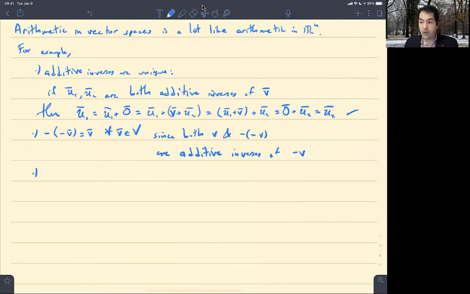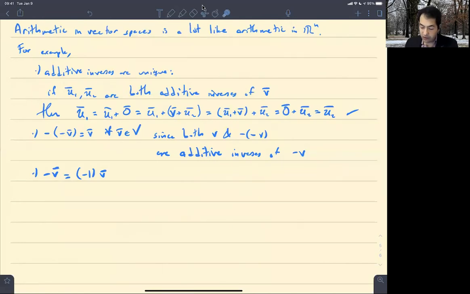Right? And then here's another one that we're very used to, but until we prove it, you don't know this is true. And that is that minus v is the same vector you get by doing minus 1 times v. Okay, so again, think about the symbols. Minus v, from the definition, that's the additive inverse of v.